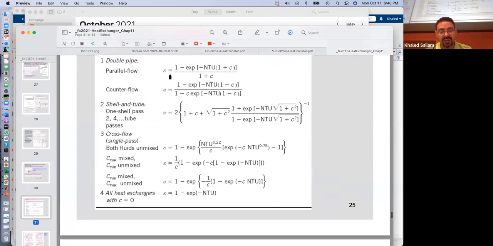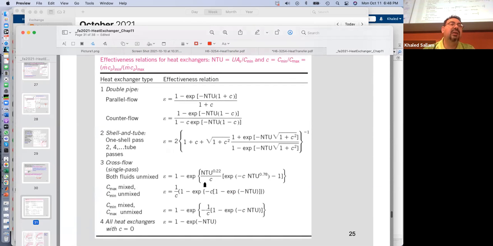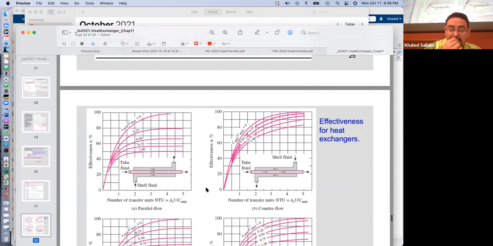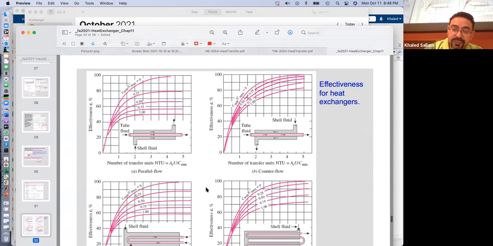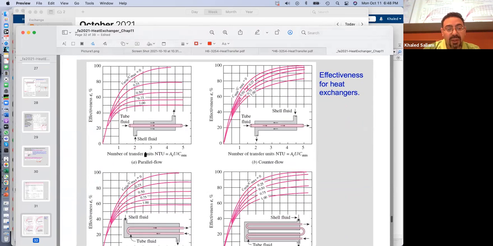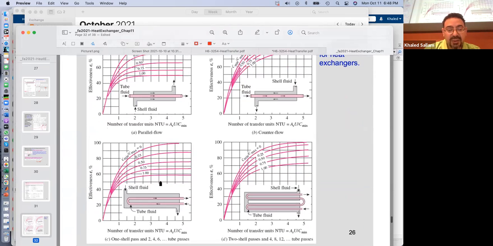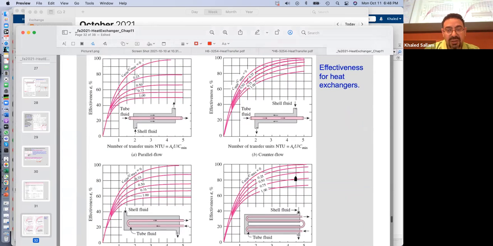So look at all this. The formulas now are a little bit nicer, because imagine if you didn't write NTU and the small c, it would have been so messy. But those are the equations, right? And those are the charts for them. So here is the parallel, here is the counter, here is one shell, here is two shells.